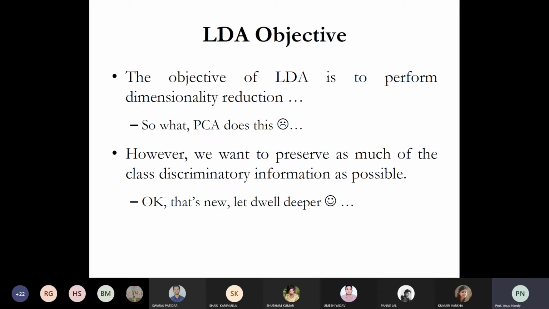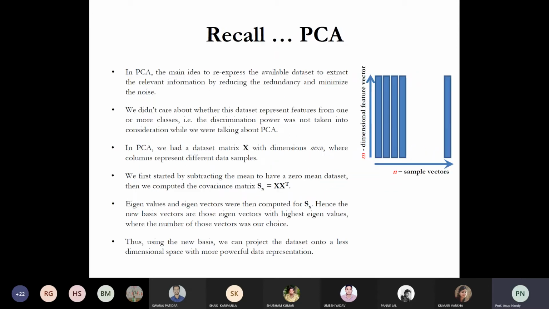So one question comes to your mind: what is the difference between PCA and LDA? Both PCA and LDA do the same job. LDA reduces the dimensions. It constructs new features which are linear combinations of the original features.